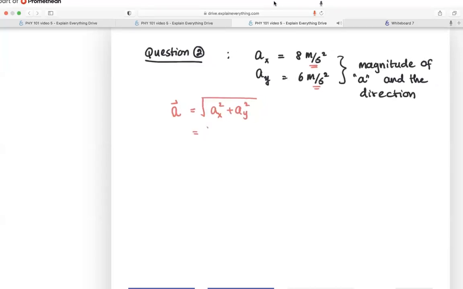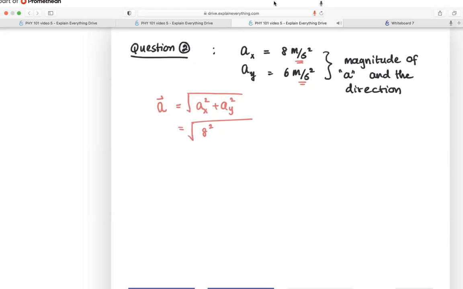If you substitute the numbers, square them, add them, and take the square root, let's see what happens. Here you have 8 square, and there you have 6 square, and that gives us the square root of 100. Don't forget the unit stays as meter per second square.